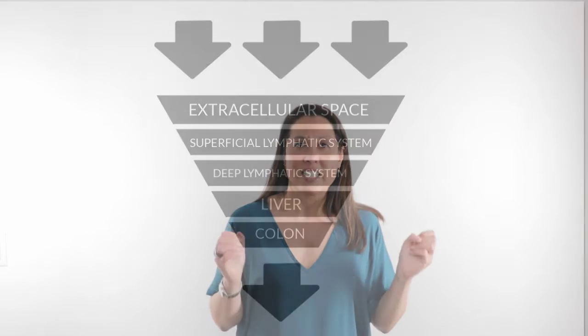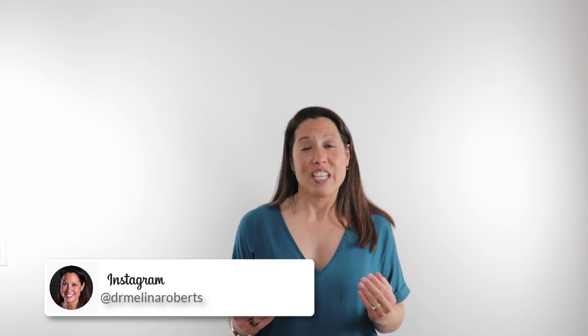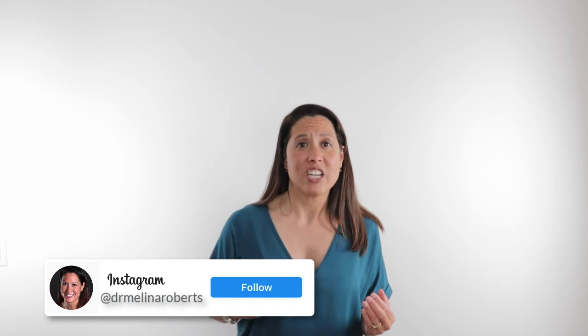I always think of it like a funnel, because it's a closed system, and we have to be working on that drainage part, and we also have to be working on those detox pathways, making sure that those detox pathways are open in order to effectively move all of that toxic load out of the system. So that's the difference between drainage and detoxification.